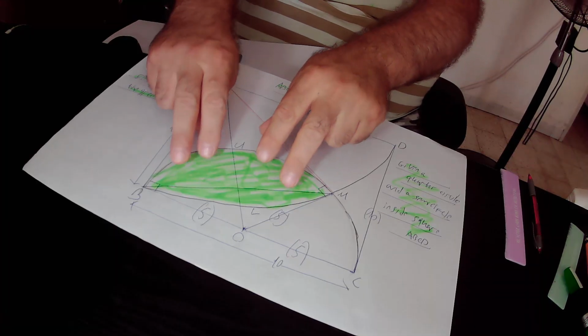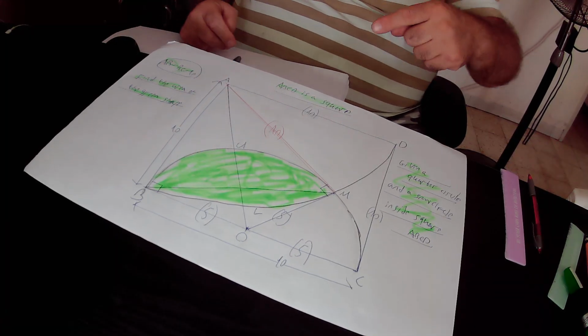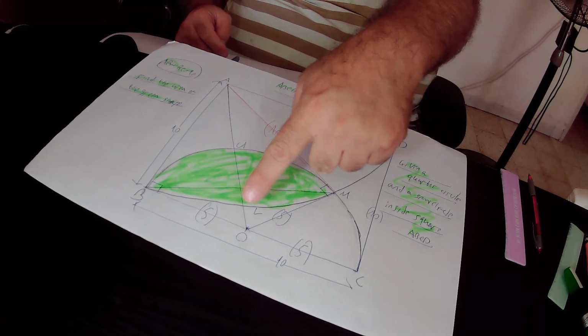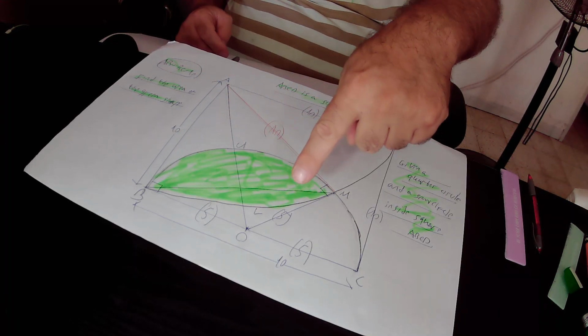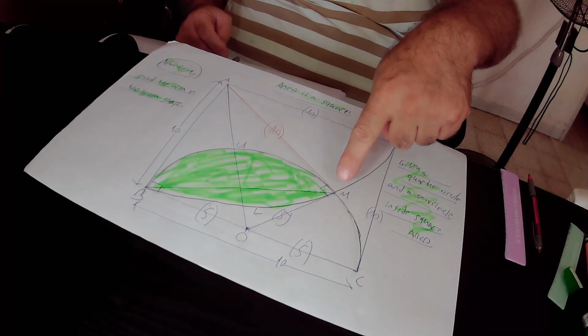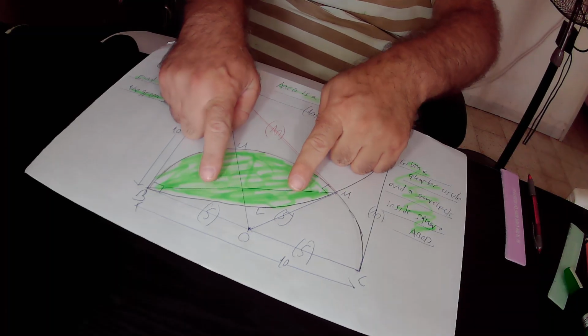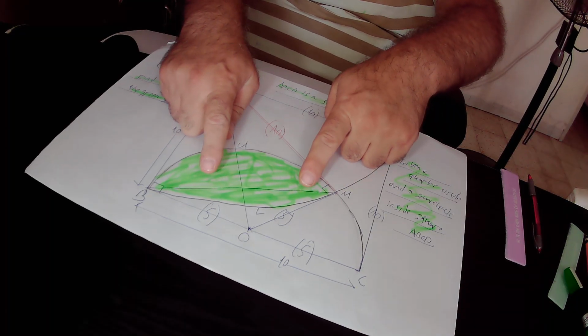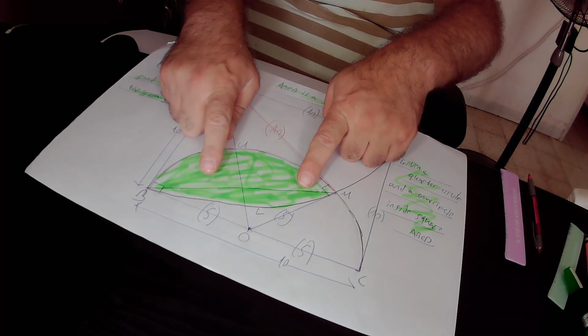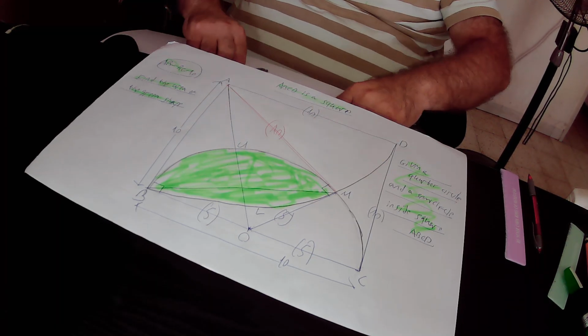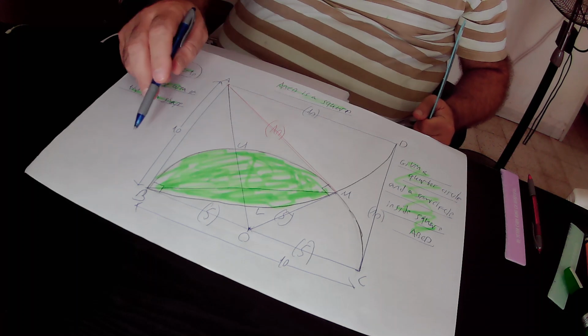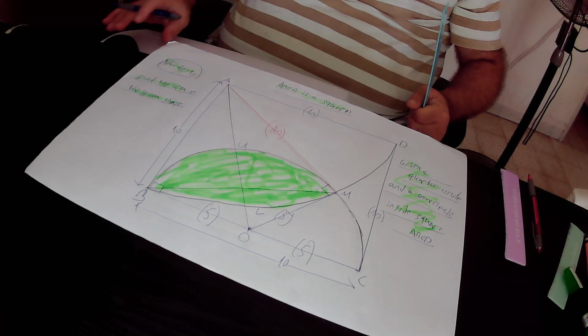So why are those two right triangles congruent? First of all, side OB of the right triangle ABO equals side OM of the right triangle AOM. They are both equal to 5, and are actually radii of the semicircle. So OB equals OM equals 5.